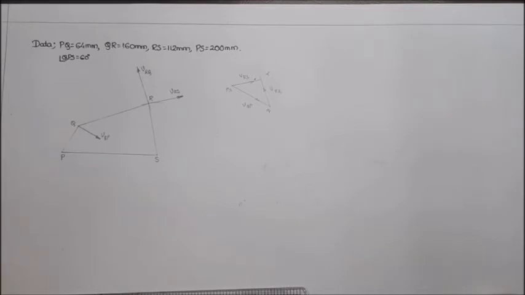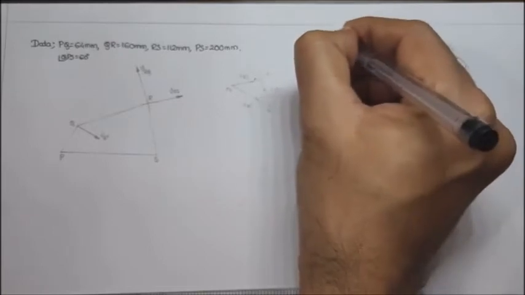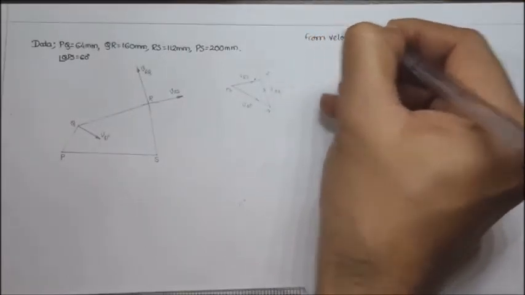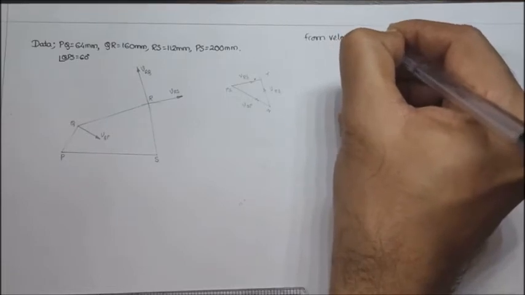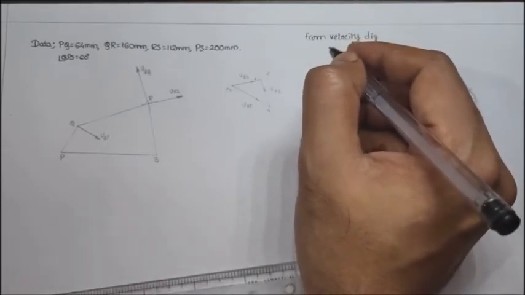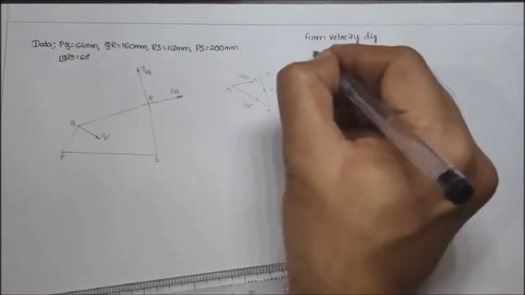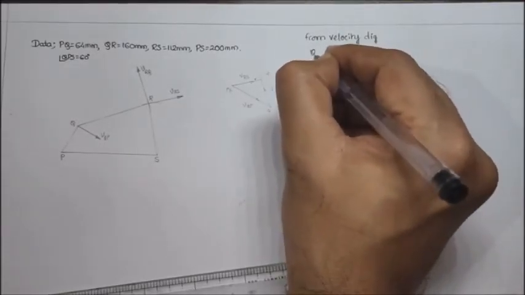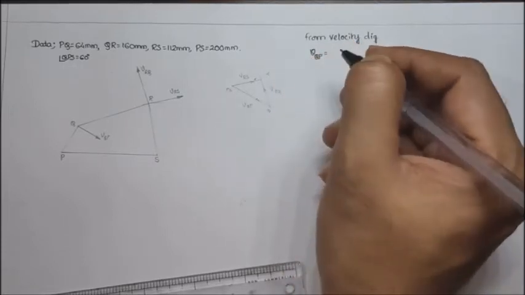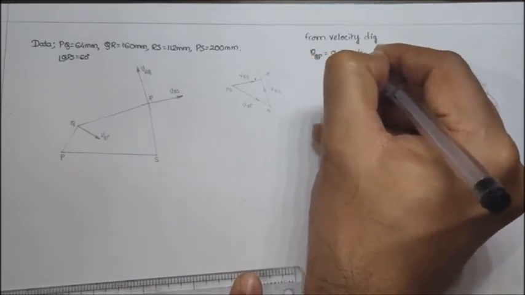So those inputs will be like, from the velocity diagram, we require velocity of Q with respect to P. We have that, it is 0.64 meter per second.